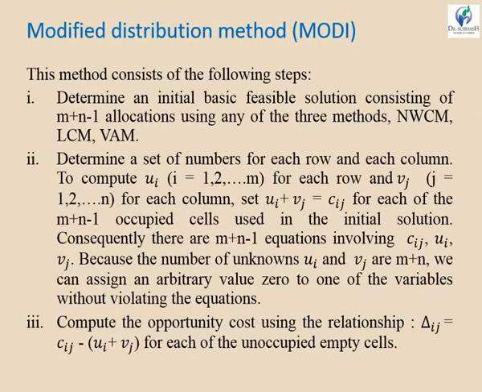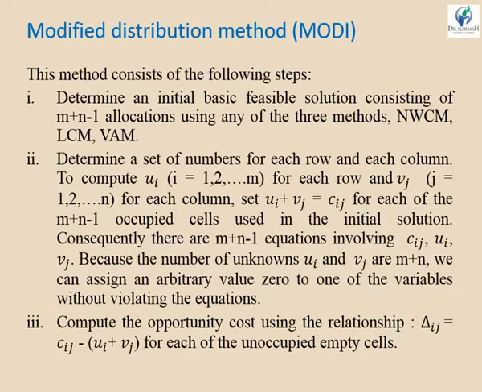The first step is to determine an initial basic feasible solution consisting of m plus n minus 1 allocations using any of the three methods. In our previous lectures we studied three methods: northwest corner method, least cost method and Vogel's approximation method.